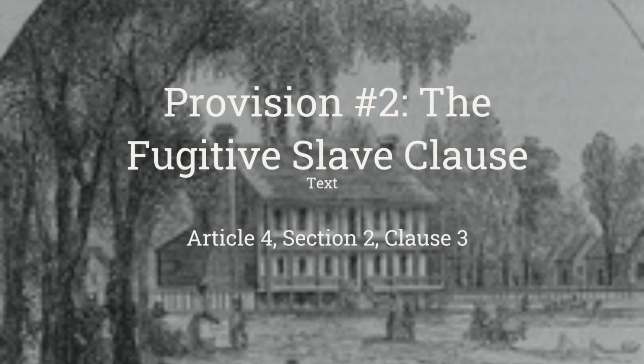The second provision is the Fugitive Slave Clause, Article 4, Section 2, Clause 3. It reads, "No person held to service or labor in one state, under the laws thereof, escaping into another, shall, in consequence of any law or regulation therein, be discharged from such service or labor, but shall be delivered up on claim of the party to whom such service or labor may be due."